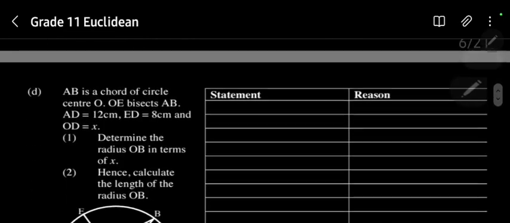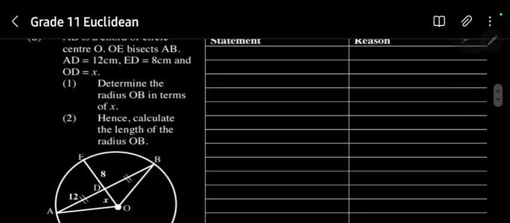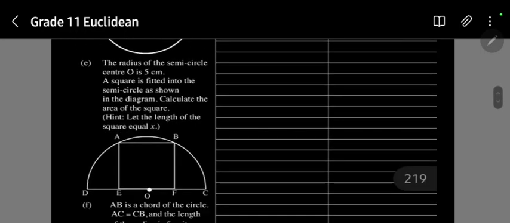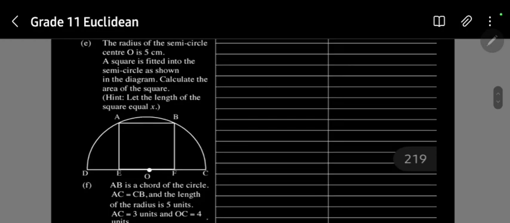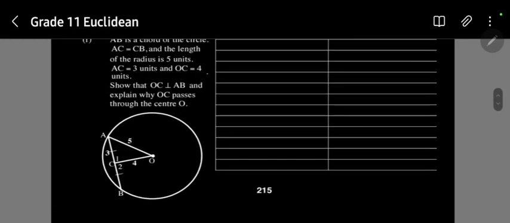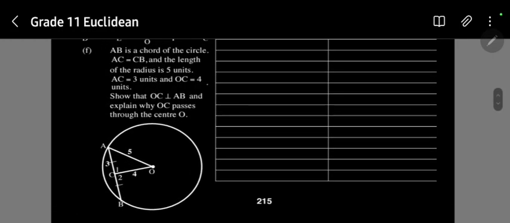Then let's continue. This is D. Can you screenshot it? And then this is your E, screenshot. And this is your F, screenshot it.